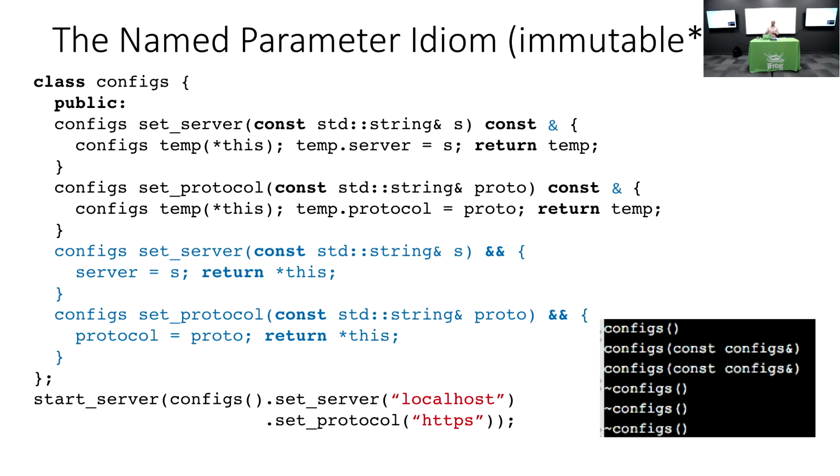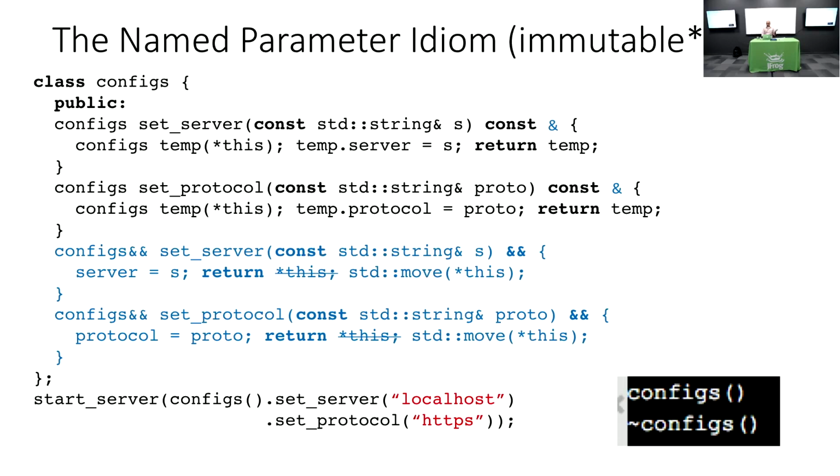So what's really happening? The trick is in understanding that even if we have rvalue reference qualified functions, we are returning by value from them. So the blue functions return by value. So even if star this is an rvalue reference, inside that function it is still an lvalue. So when we return an lvalue by value, then the language calls a constructor, and hence we see the copy constructor being called for the configs object twice for 2 functions.